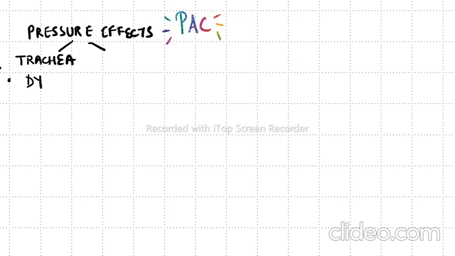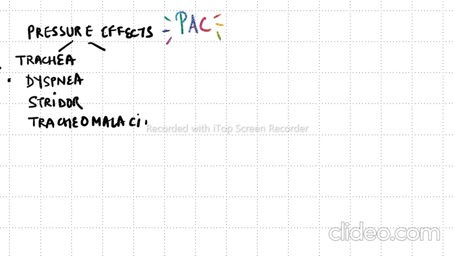So while doing PAC, we will assess the pressure effects. Look for any dyspnea, stridor, tracheomalacia, to check whether the gland is compressing the trachea. For the esophagus, we ask the patient whether there is difficulty in swallowing.